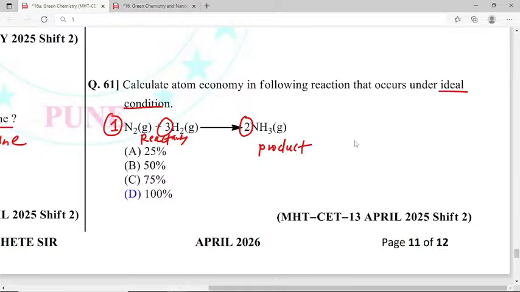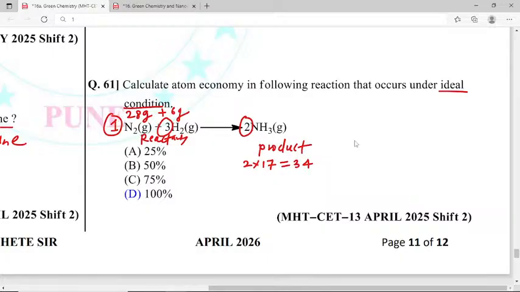Reactants: 1 mole of nitrogen is 28 gram, plus hydrogen 3 moles is 6 gram. The product is 2 multiplied by ammonia 17, so 17 into 2 is 34.